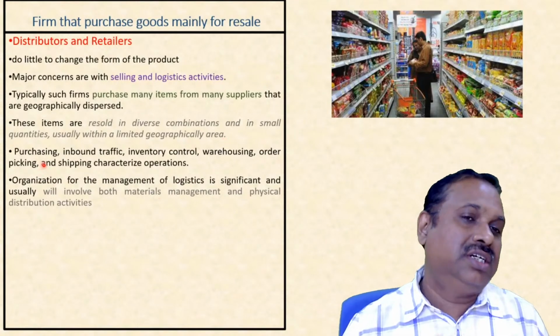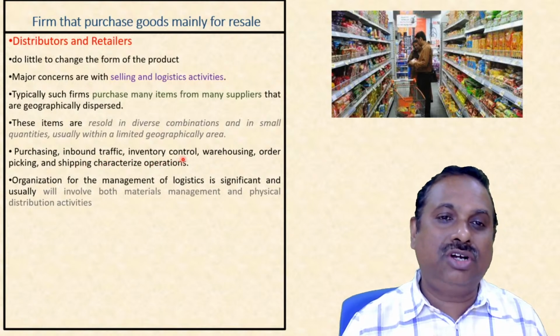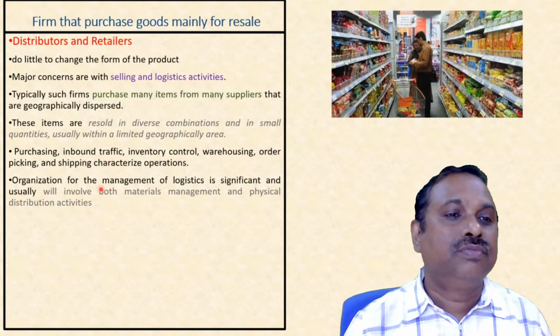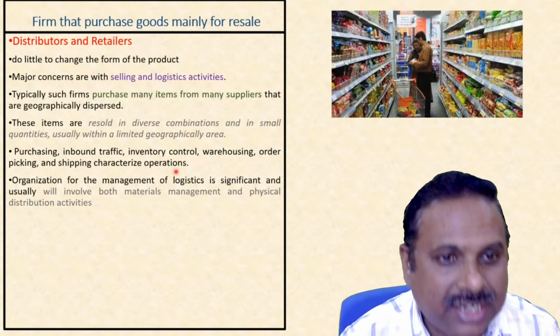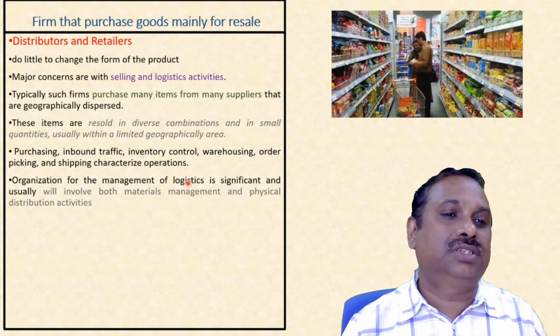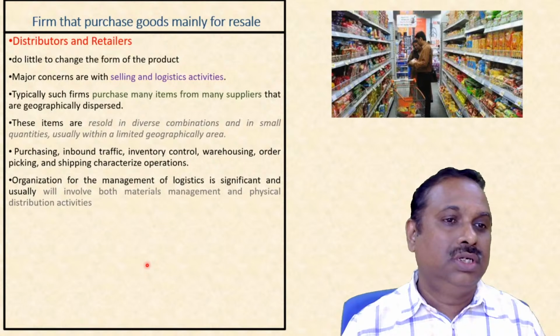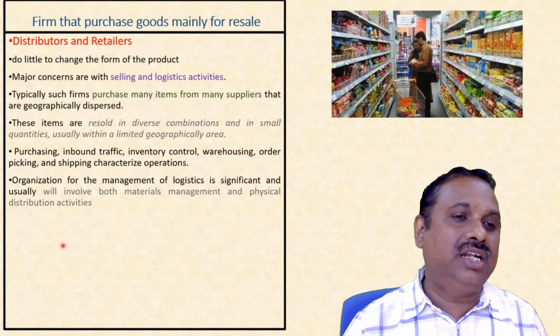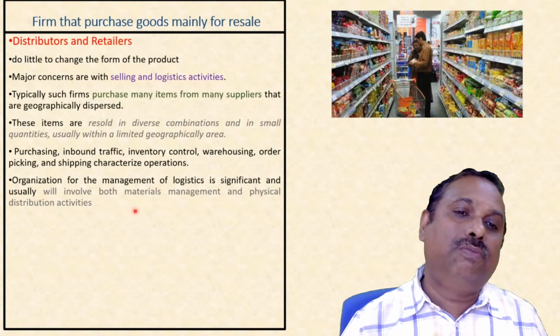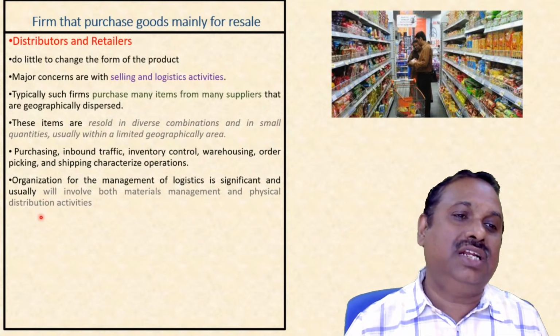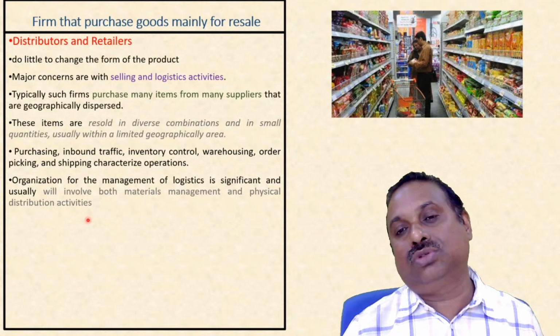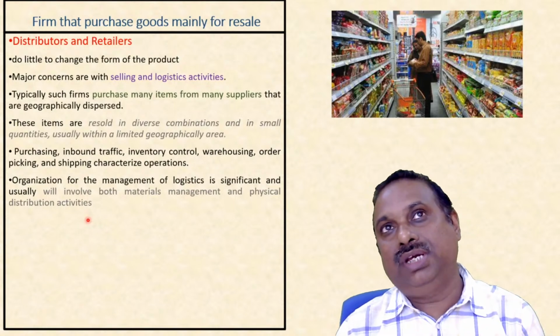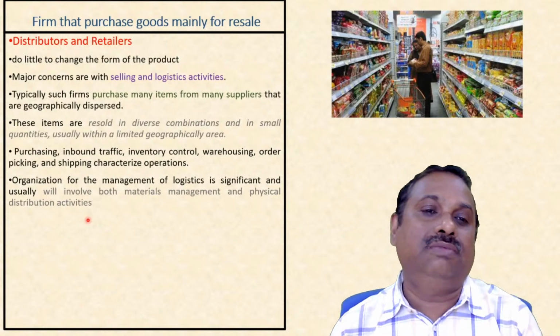Purchasing, inbound traffic, inventory control, warehousing, order picking, and shipping characterize operations. Here, organization for the management of logistics is significant and usually will involve both material management and physical distribution activities, because both incoming and outgoing materials are important.